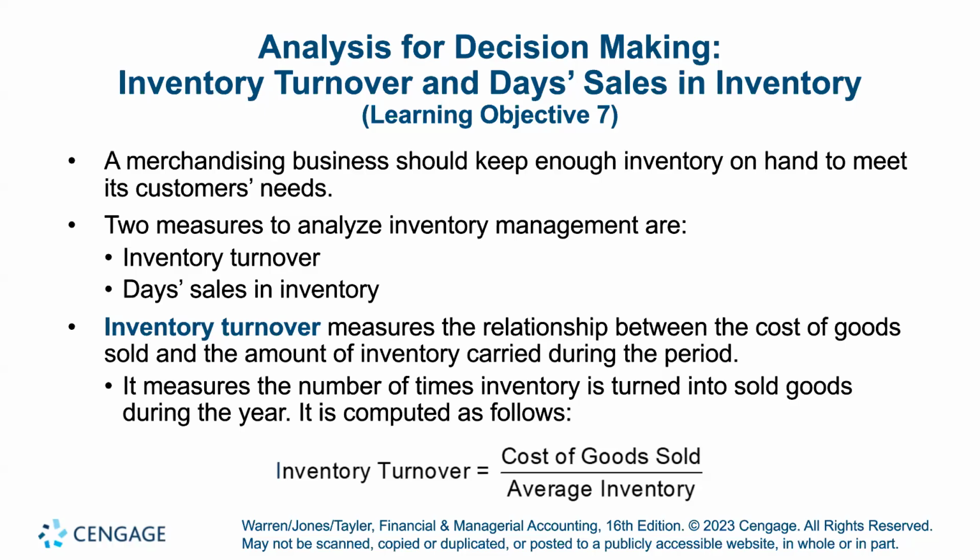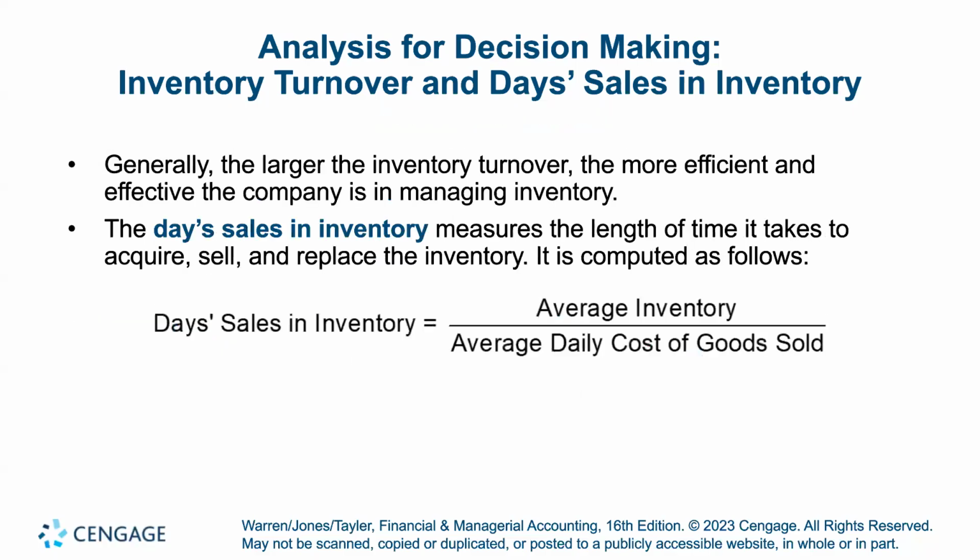It would be a better average, of course, if say it was over a year, if you took the inventory each month and divided by 12. But the standard is to just take the beginning and the end, divide by 2. That's the average inventory. We've already seen another one where we used an average like that, right? So that's inventory turnover. And then days sales in inventory is the average inventory divided by the average daily cost of goods sold.